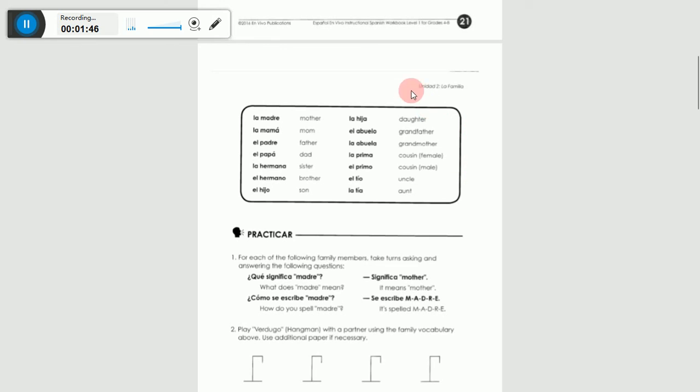Make sure that you are practicing the pronunciation of these. You can pause the video as needed to do that.